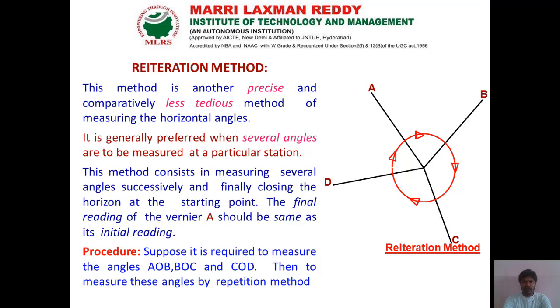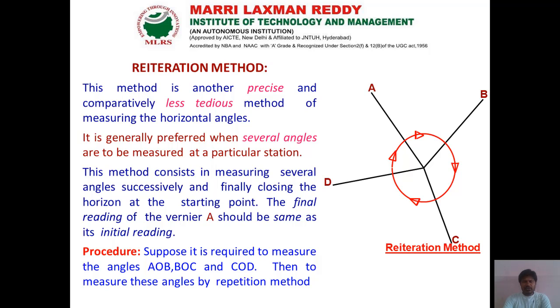If we have only one horizontal angle, then we can go for the repetition method. If there is more than one angle to measure, we should move on to the reiteration method. When compared with the repetition method, the reiteration method has less accuracy, but it still has fairly good accuracy in its readings.